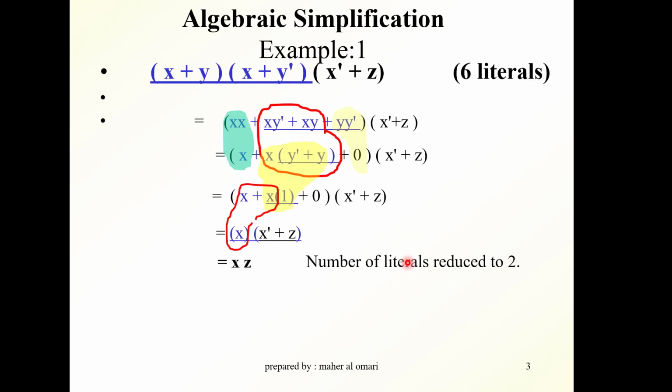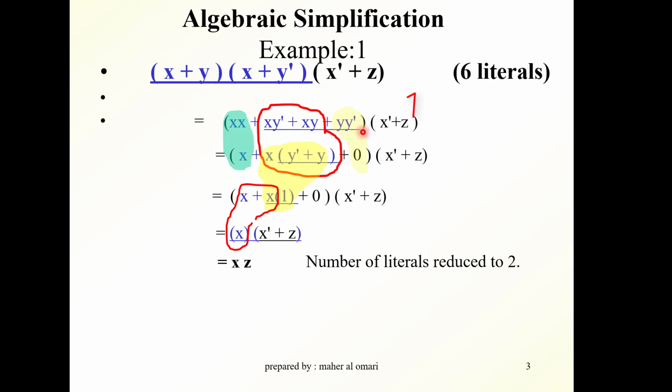Let's take the first example here. Assume that we have the function that is shown here for you. This function has 6 literals. We want to minimize it. Okay, we take these two terms here and expand them. X ANDed with X, we'll get this one. X Y bar, or YX, which is this one, or with Y bar, which is this one.